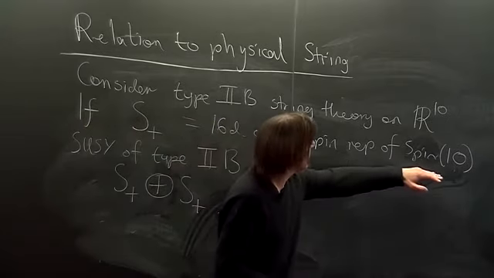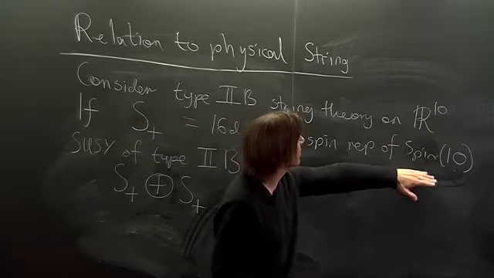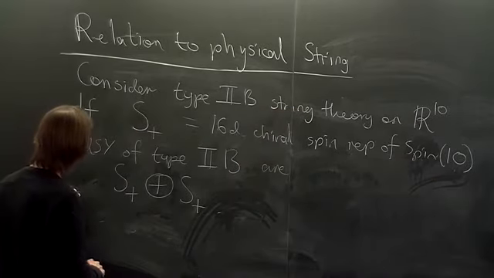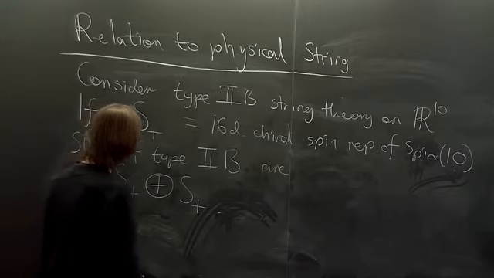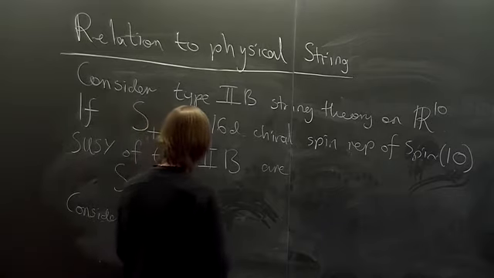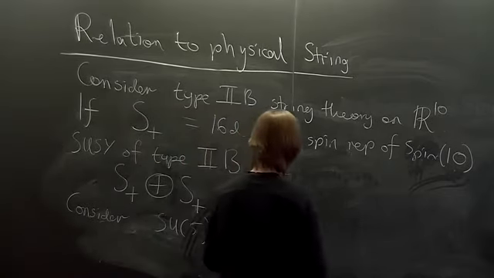What we're going to do instead is break Lorentz symmetry. We're going to look for a supercharge invariant under some subgroup. There are many choices here. The choice I'm going to make is SU(5) inside of Spin(10).